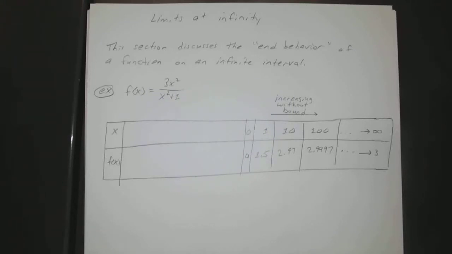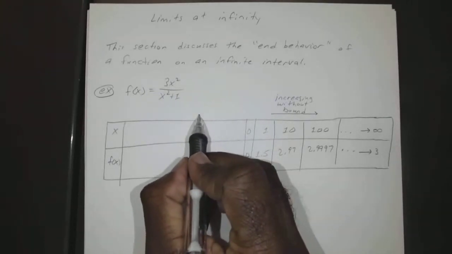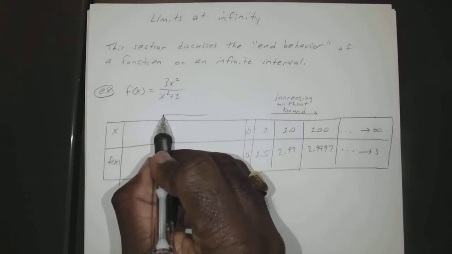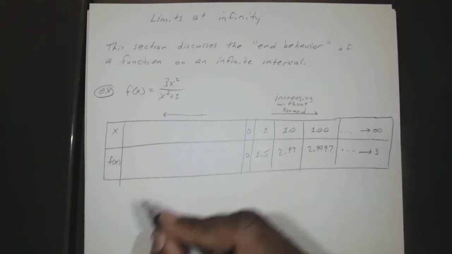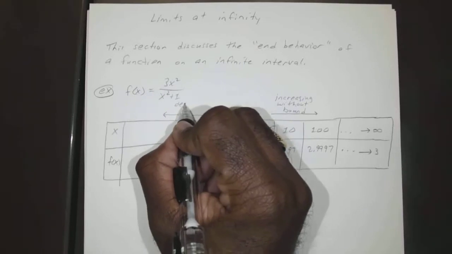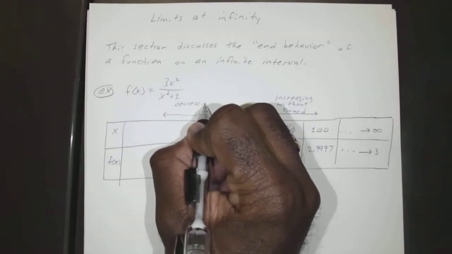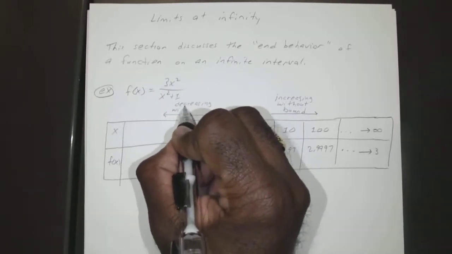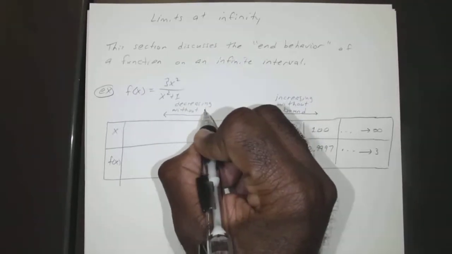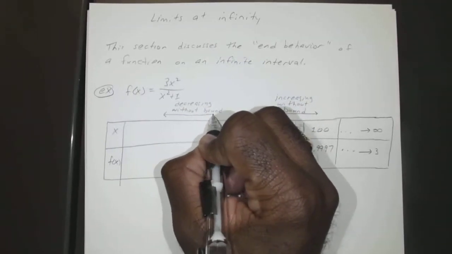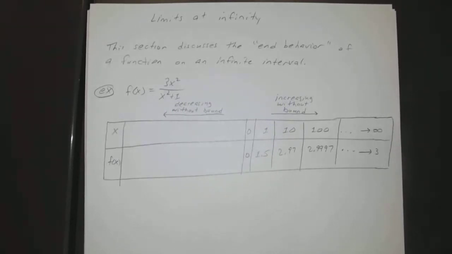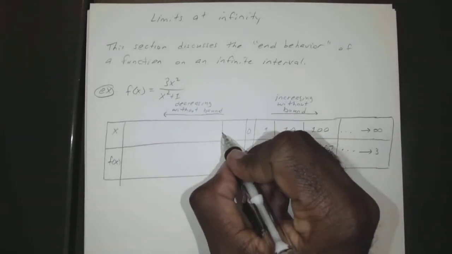Okay, so let's say if we go in the opposite direction. Instead of increasing towards infinity, it's decreasing without bound. So what if we plugged in -1?